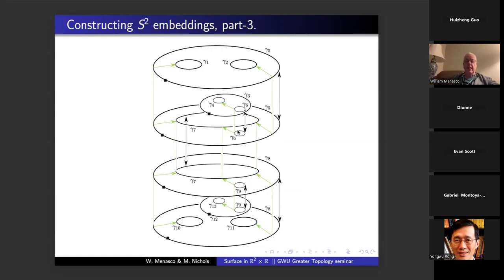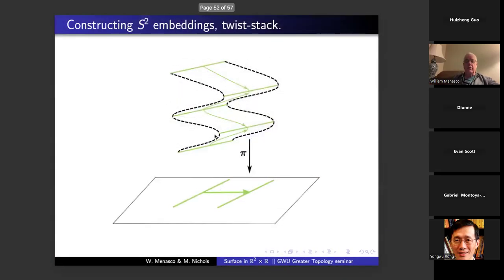And going back to my original example where I took a pair of pants and I added a twist here and a twist here to change the turning number, you're now going to do that along this entire stack.